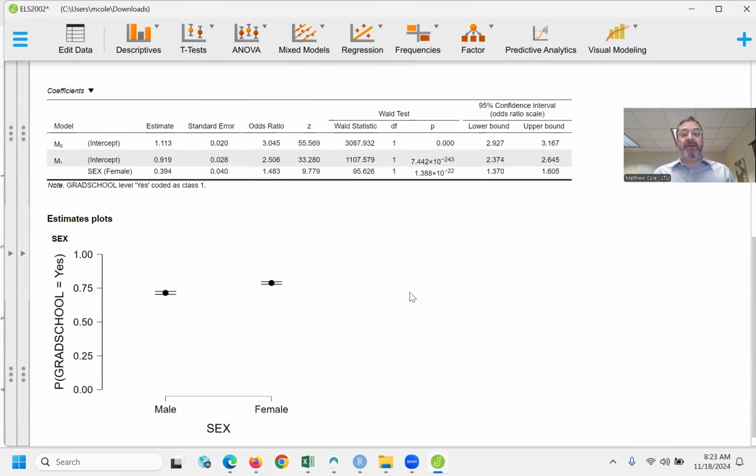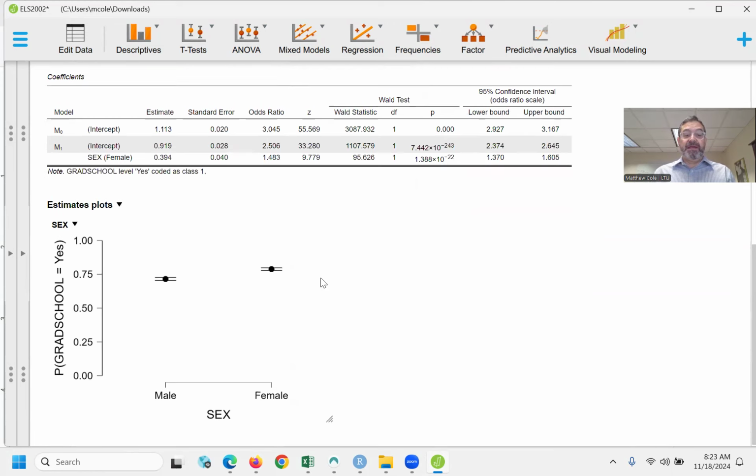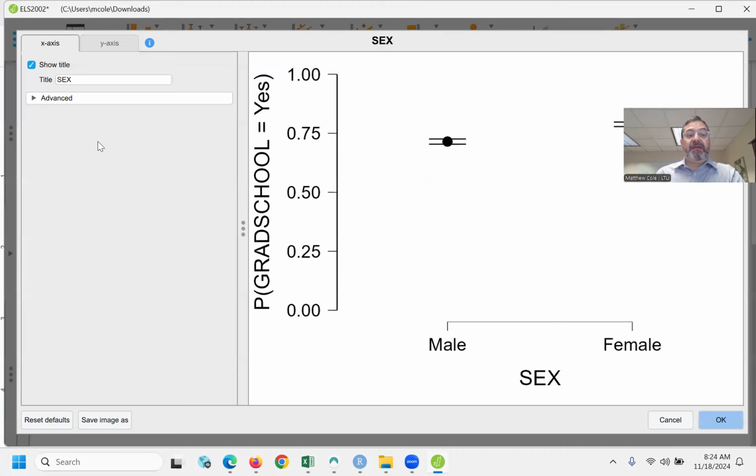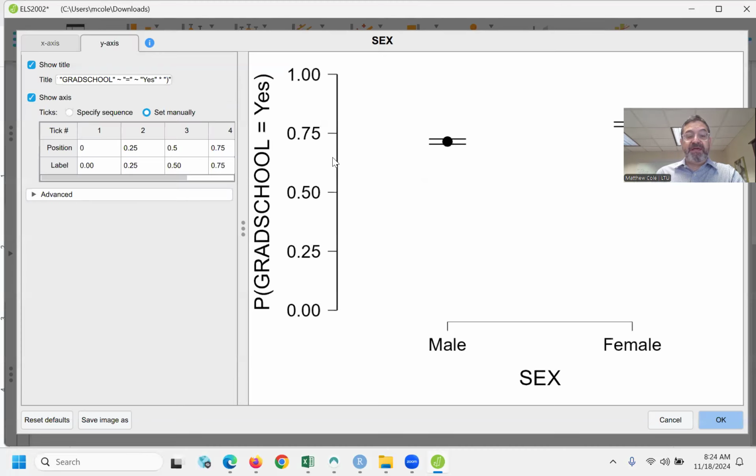In the conditional estimates plots, we're seeing the probability of attending grad school, whether you're a male or female. We can tweak this just a little bit to make it easier to see these probabilities. So we can go to edit image, and let's adjust the y-axis, because we've got a lot of space that we're not seeing.